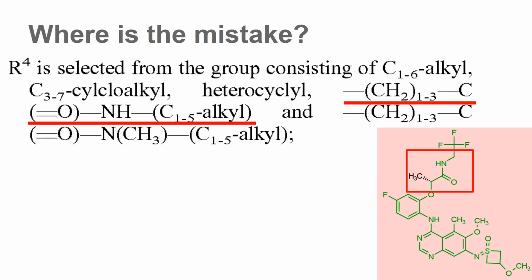And we can go to the details because all of the extracted information is linked to the original compound, and we can see we have this definition where the claim says it can be an alkyl chain, the carbon chain connecting this other part, and this is the carbon chain, and the application does not say anywhere that this carbon chain can be branched. So that's why this methyl group is not covered.